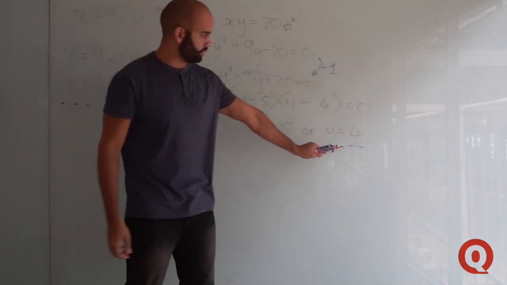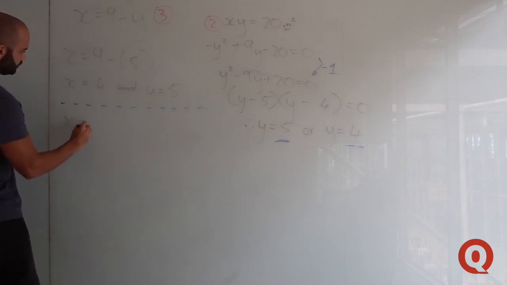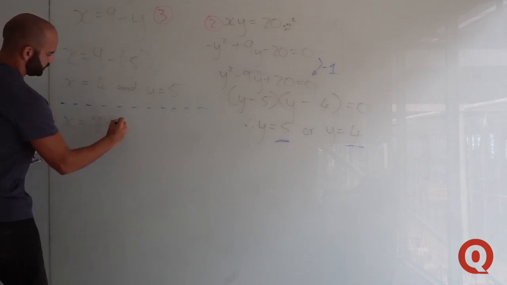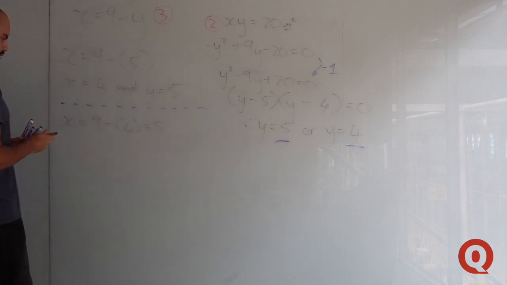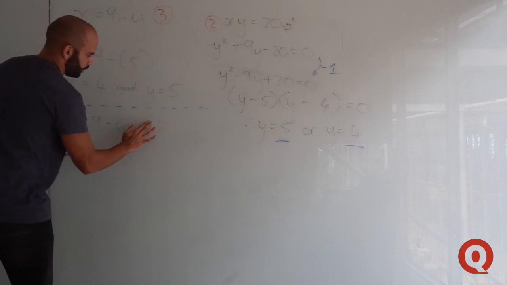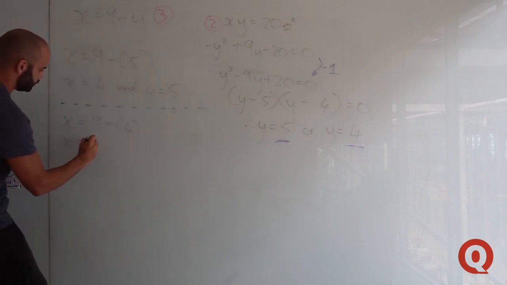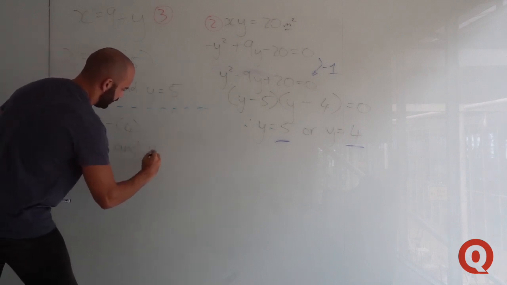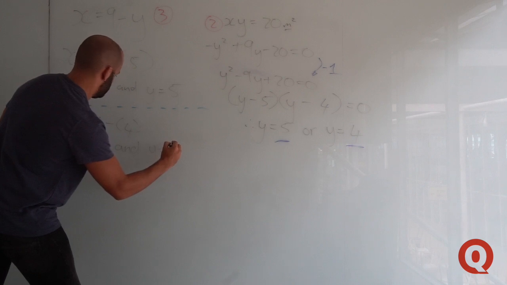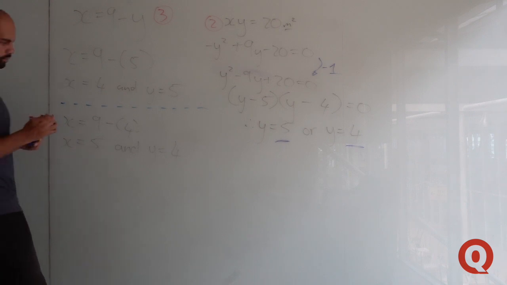Taking our second solution of y equal to 4, we'd have x equals 9 minus 4, that must be equal to 5. X must therefore be equal to 5, and y must be equal to 4. And there's our possible solutions. Two solutions that we would want.